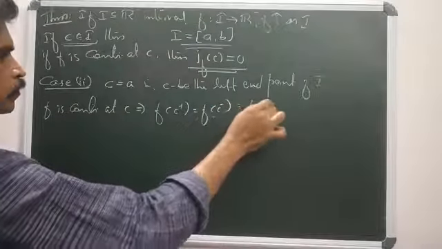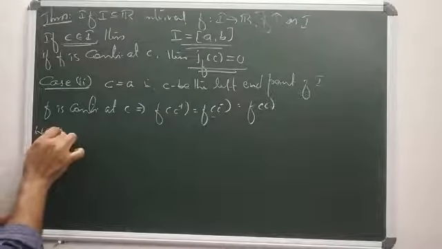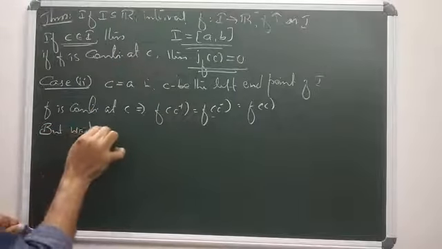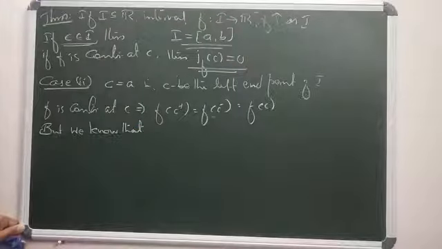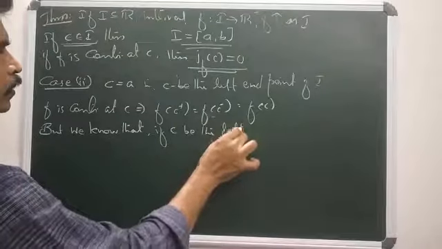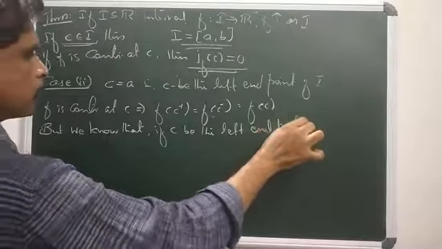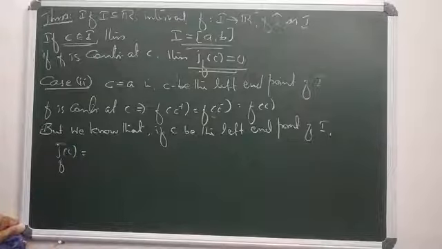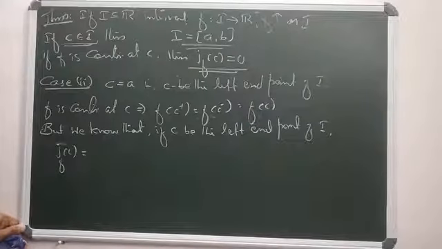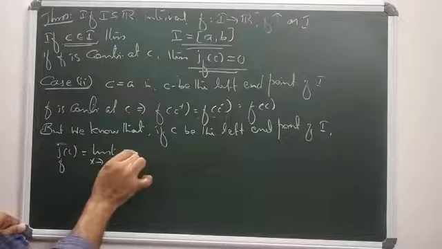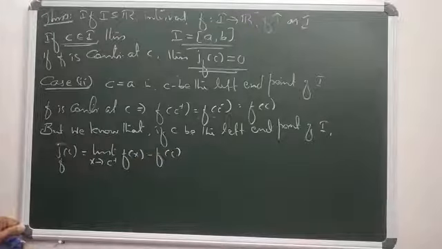Okay. But we know that if c is the left endpoint of I, the jump of f at c is the limit as x tends to c+ of f(x) minus f(c).